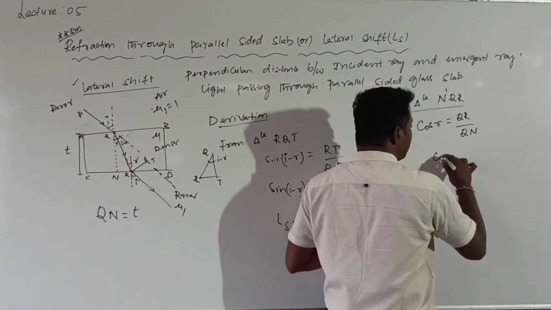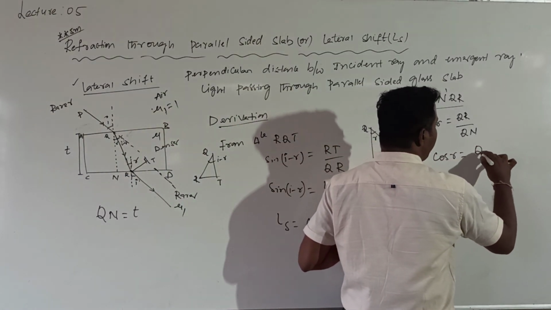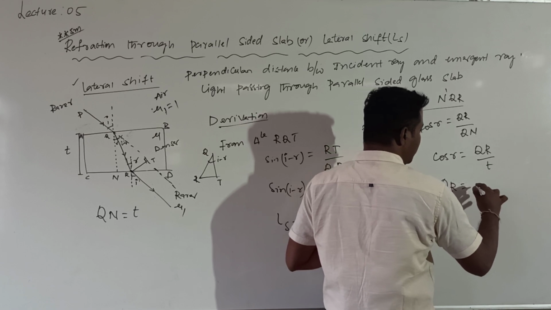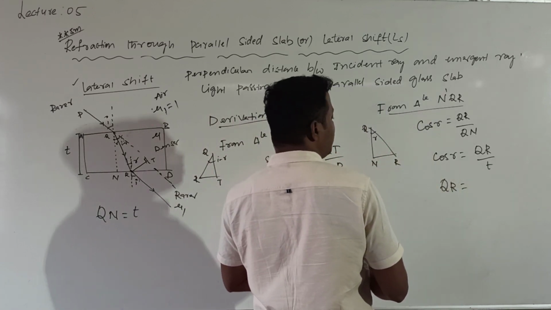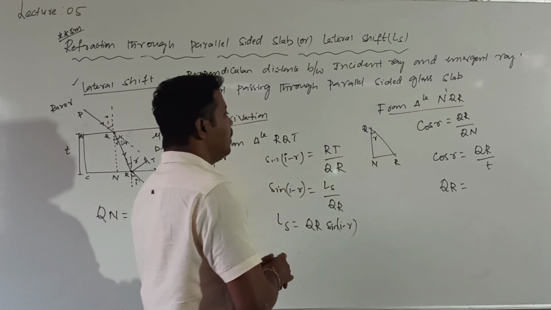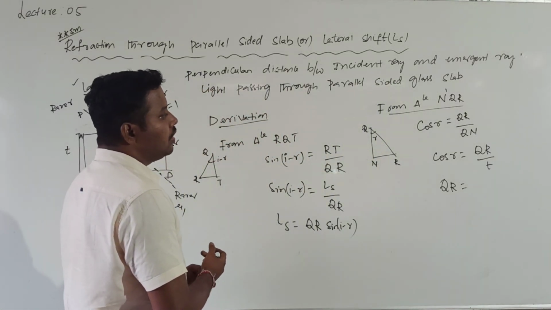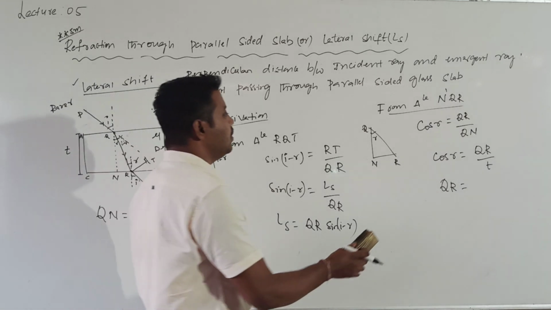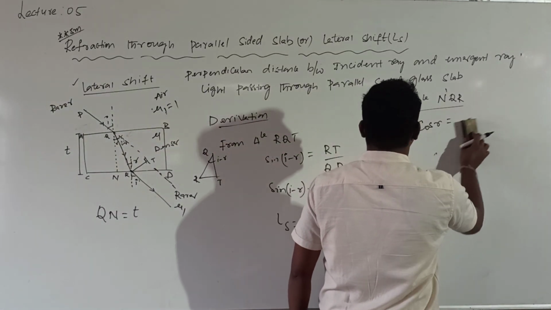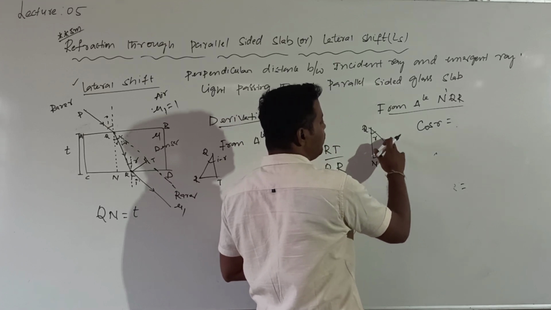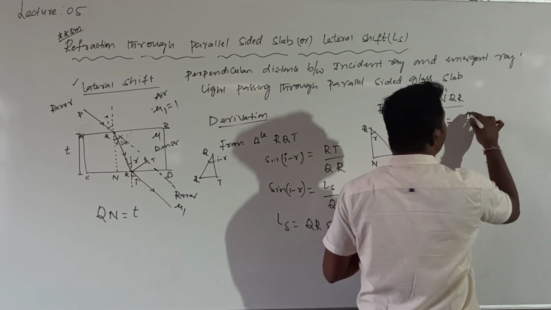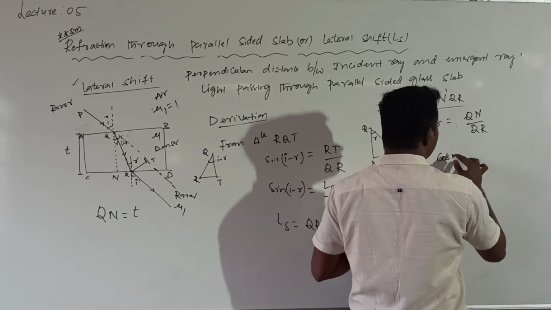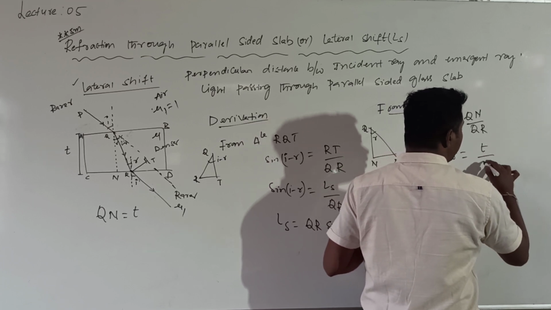Therefore, cos r is equal to QN by QR, that is, t divided by QR.